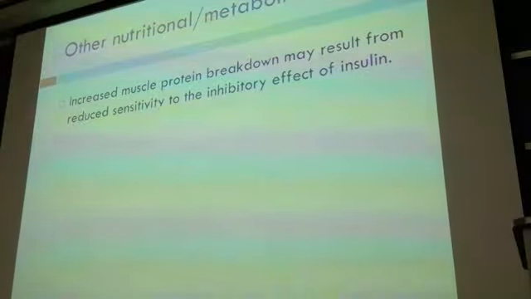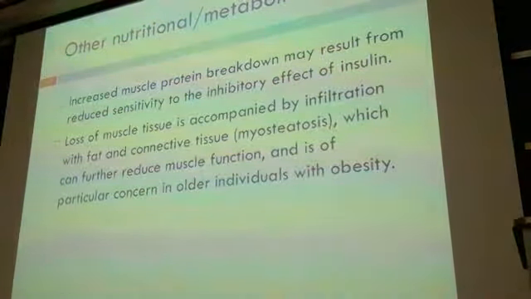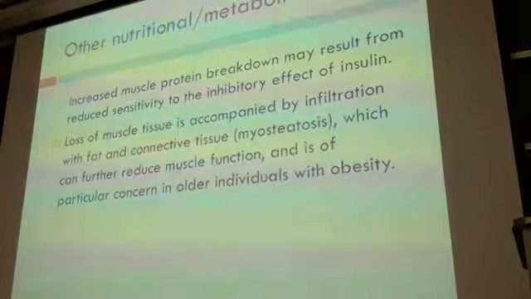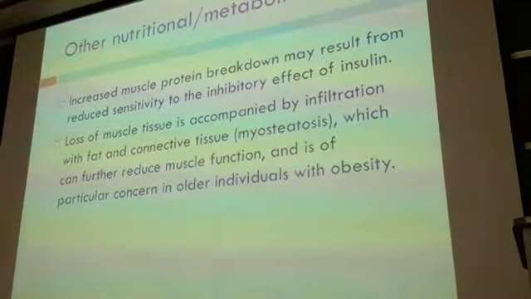There are other nutritional metabolic factors to consider. Insulin can prevent muscle protein breakdown, so reduced insulin sensitivity can result in increased muscle catabolism. Muscle is starting to age. This loss of muscle tissue can be accompanied by infiltration with fat in connective tissue.